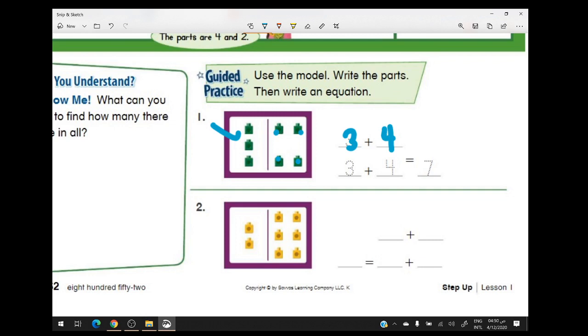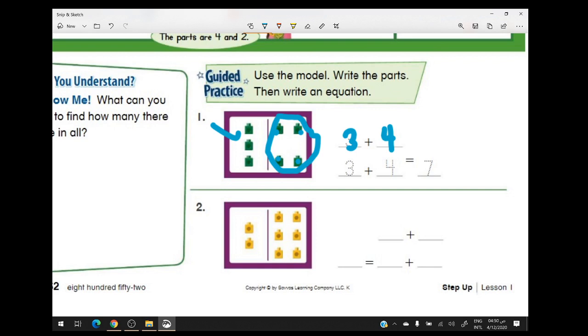Do you remember what we said when we were talking about addition? We said we need to compare which number is bigger, 4 or 3. The big number, I will put it inside my mind, and the small number, I will put it in my hand. So I will put the 4 in my mind because it's bigger than 3, and I will put 3 on my hands, and I will continue counting.